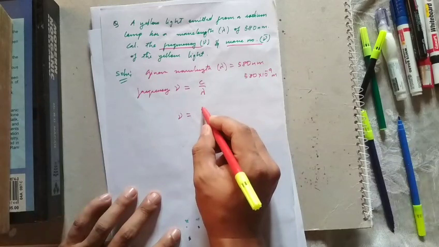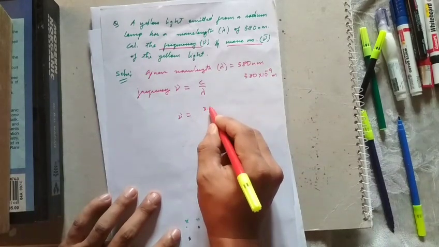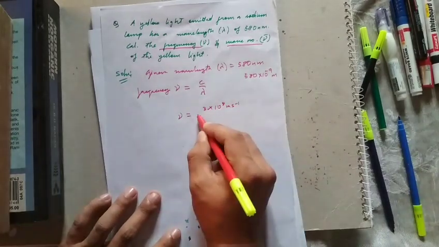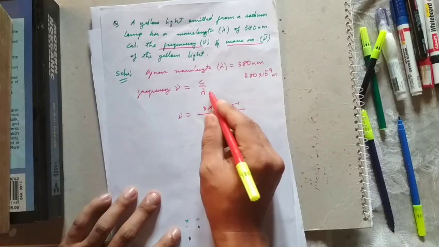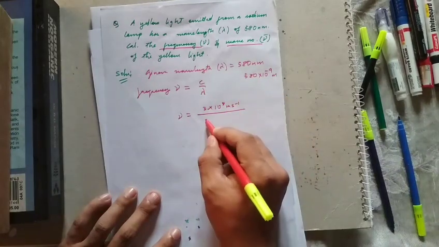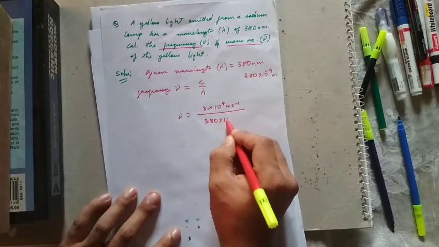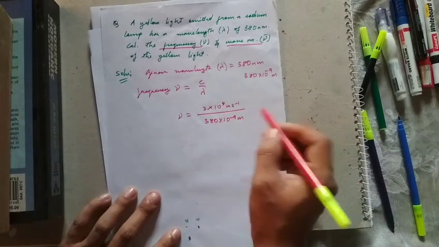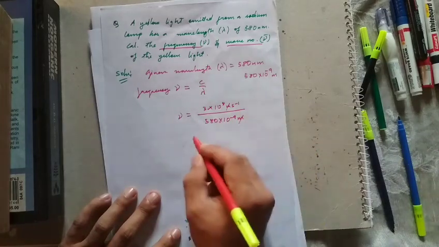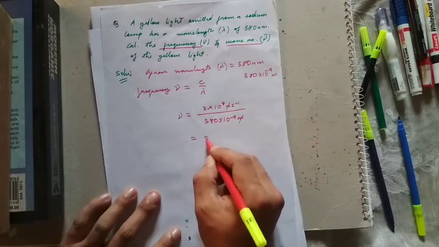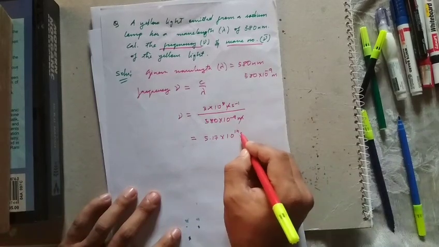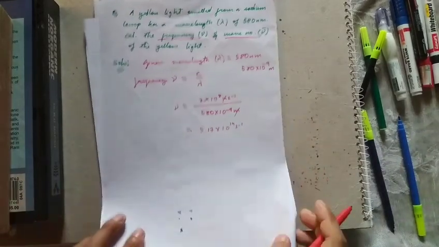C, as we know, is 3 into 10 to the power 8 meter per second, and the wavelength given is 580 into 10 to the power minus 9 meter. So we can cancel the meter and we get 5.17 into 10 to the power 14 per second.